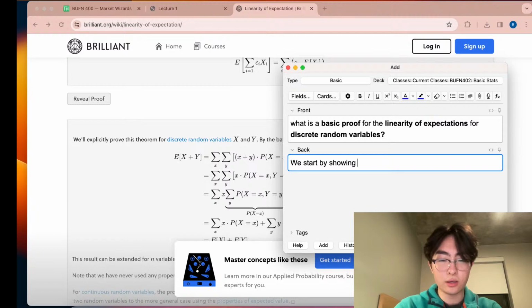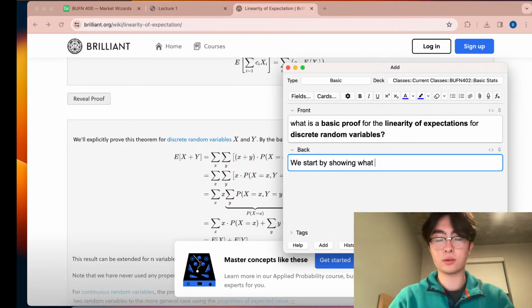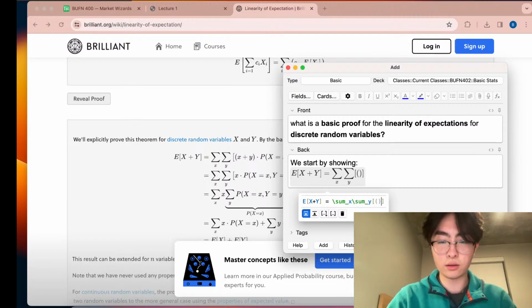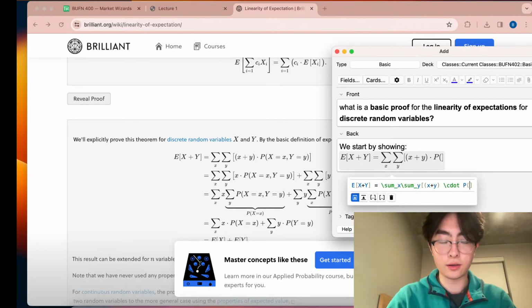Start by showing that the expectation of X plus Y is equal to the sum over x, y of (x plus y) times the probability of X equal to x, Y equal to y.